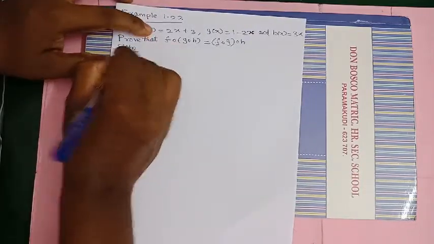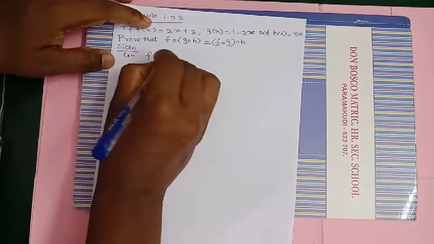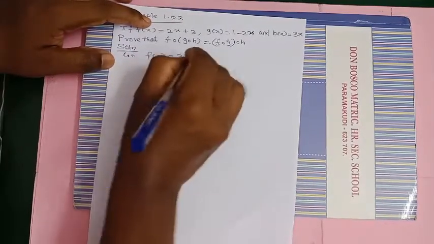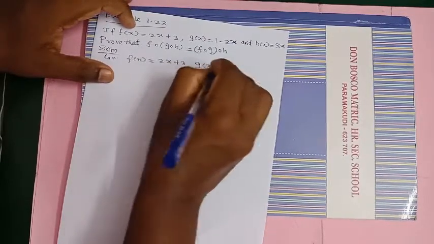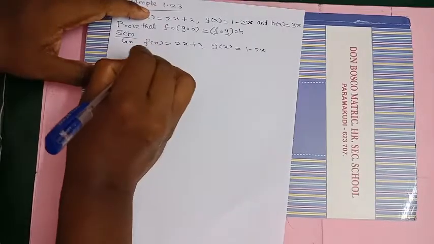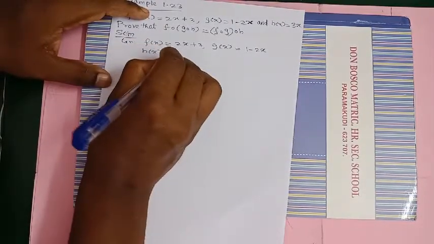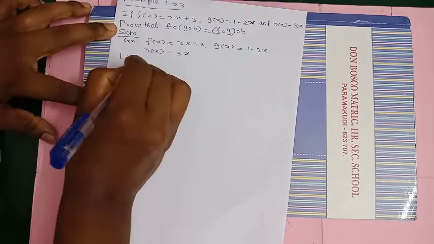So first one, what all is given? The functions f of x defined by 2x plus 3 and g of x defined by 1 minus 2x, and h of x is defined as 3 into x. First one, left hand side. What is left hand side?